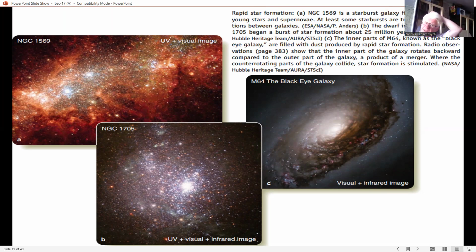The ellipticals appear to be the products of galaxy mergers that triggered star formation and used up the gas and dust. In fact, astronomers see star formation being stimulated to high levels in many galaxies.